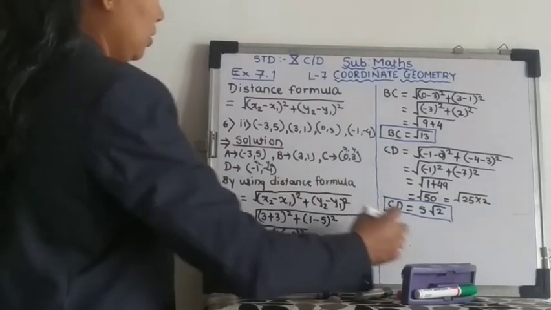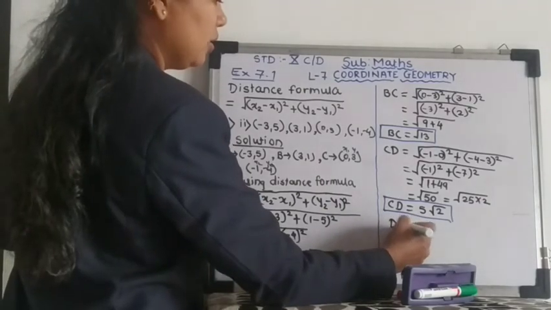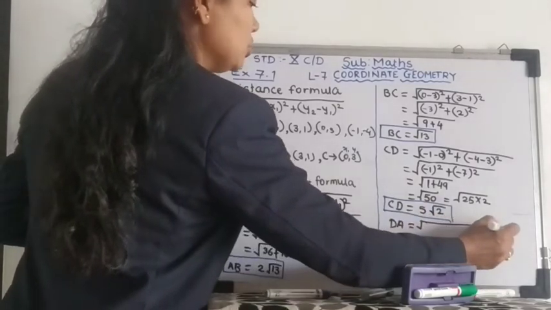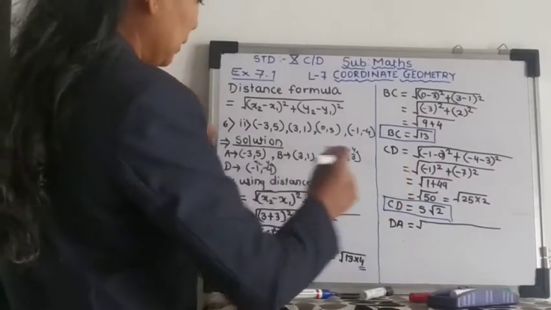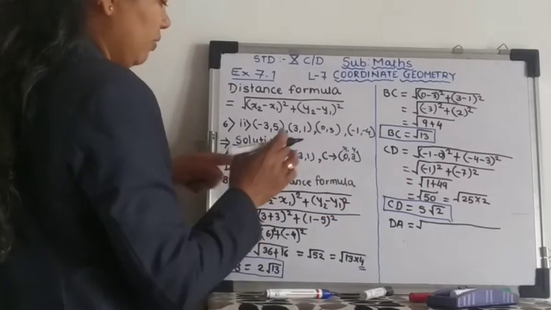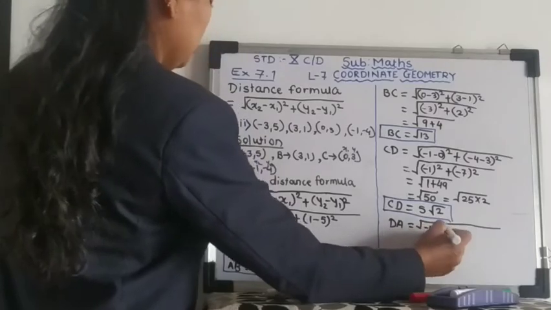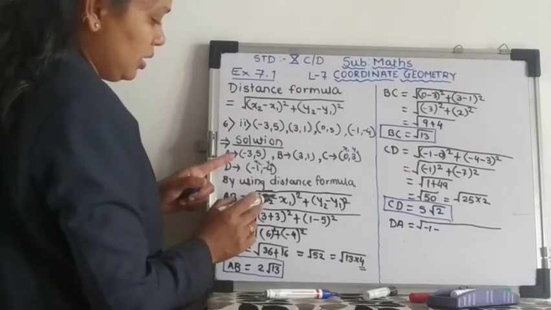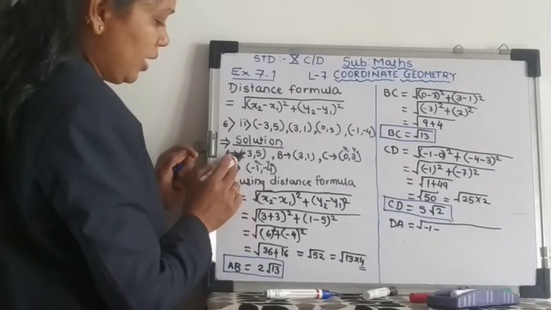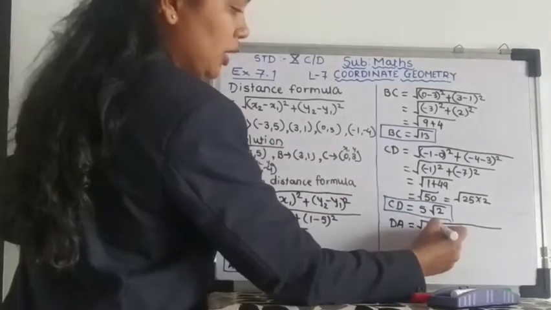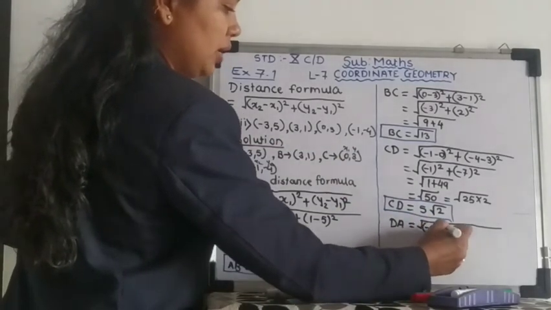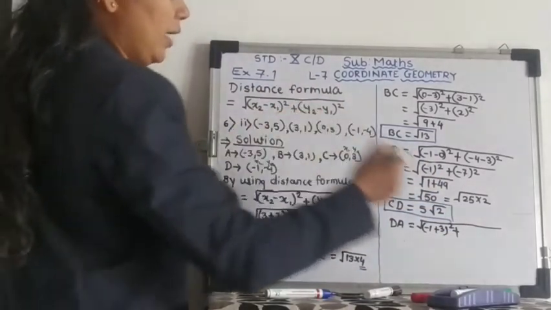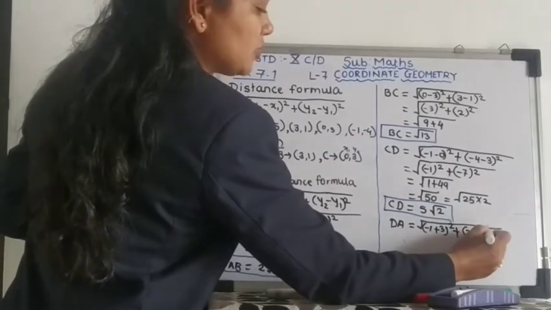So let us find DA. Write down those points properly for DA. So D and A, D is the first one and A is the second. So minus 1 minus minus 3. Write it carefully: in the formula a minus sign is already there, and this minus sign coming next makes it plus 3 bracket square, plus minus 4 minus 5 bracket square.